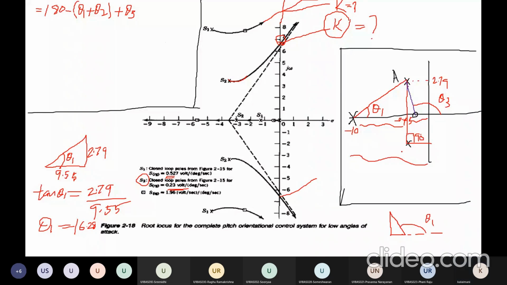But this is 0.45, this location is 0.4, then the gap is 0.45 minus 0.4. Therefore, we get 0.05. This distance is 0.05. Again, the height is 2.79. Then I use the tan inverse of 2.79 divided by 0.05.